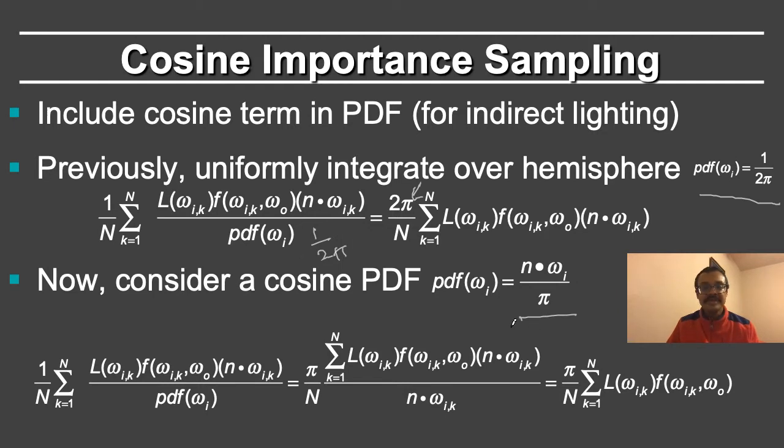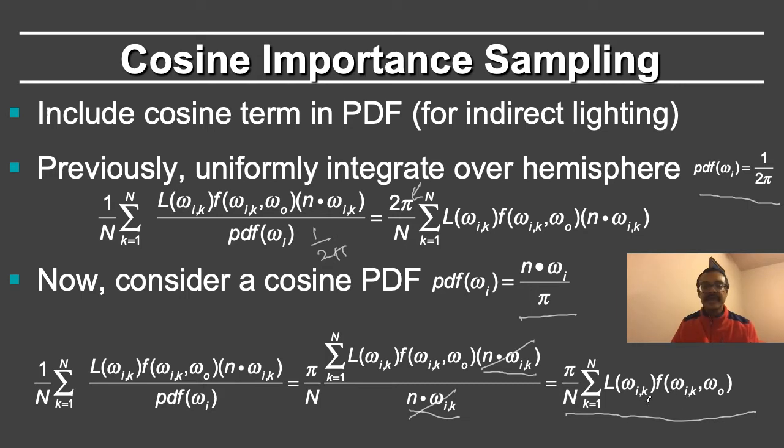If you now consider the function divided by the probability distribution function, then you will notice that you have n dot omega here and here, and therefore you can actually cancel them. The factor of pi goes outside the summation, and what you're left with is this simpler expression that includes pi divided by n, and inside the summation it simply has the lighting and BRDF terms.